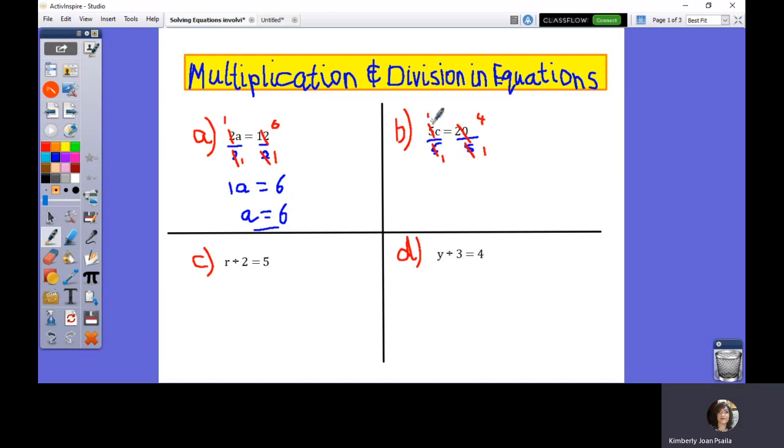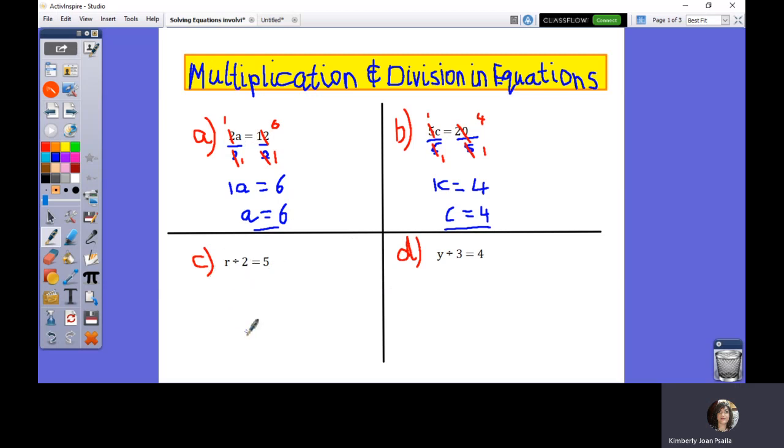So we are left with 1 all over 1, which is 1, c is equal to 4 all over 1, which gives us 4. Therefore, c here has a value of 4. Those are some simple examples involving multiplication.